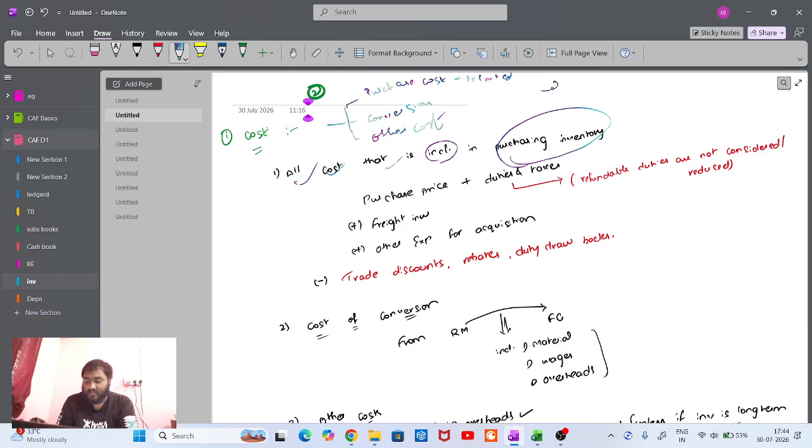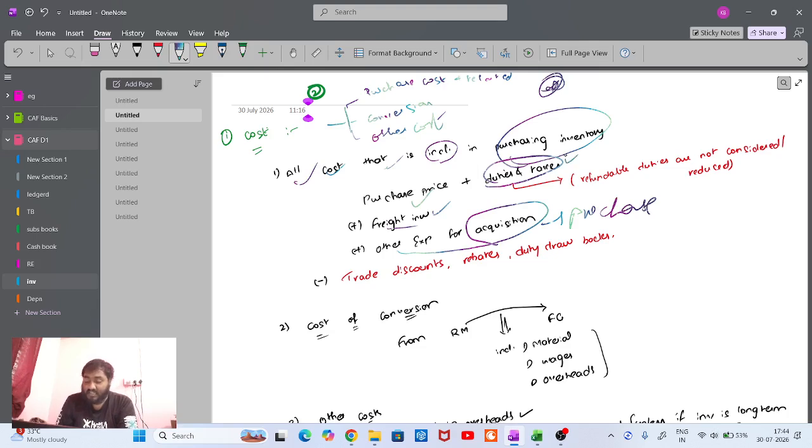This is important to you. What is the cost you have paid to get the inventory to your location? That is most important, including freight charges. Purchase price and duties and taxes, including freight invoice and other expenses for acquisition. Acquisition means purchase. These are the expenses that are included.